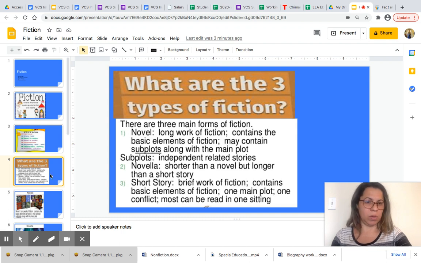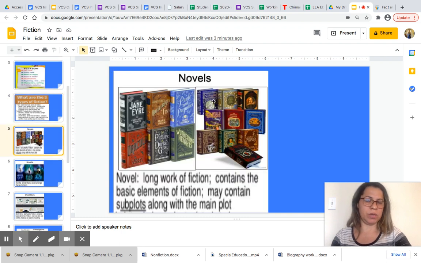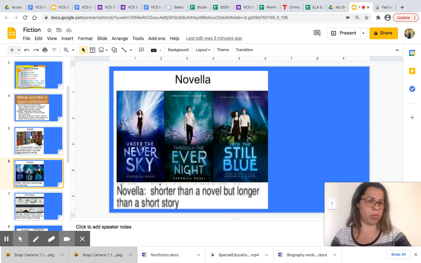So let's take a look at each of them. I will show you a visual now. Novels. Look at these books. They are novels. They are long works of fiction. You can see that they are thick, contain the basic elements of fiction, and may contain subplots along with the main plot. Next one, novella.